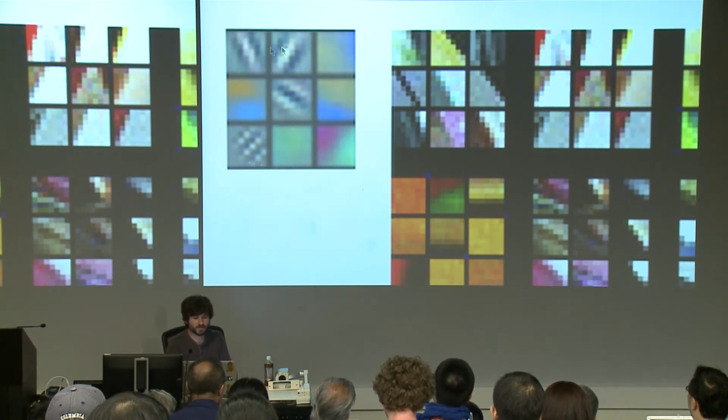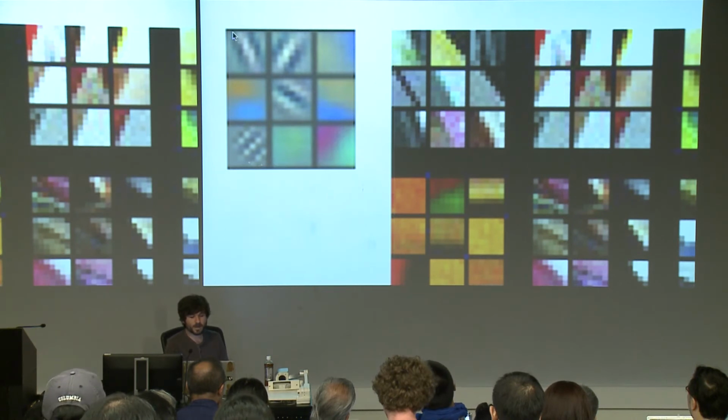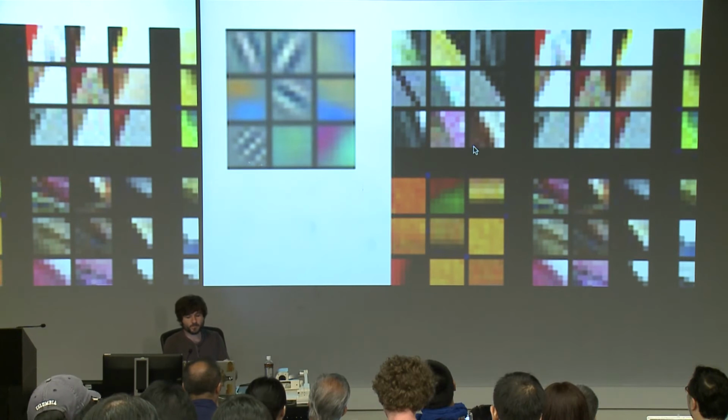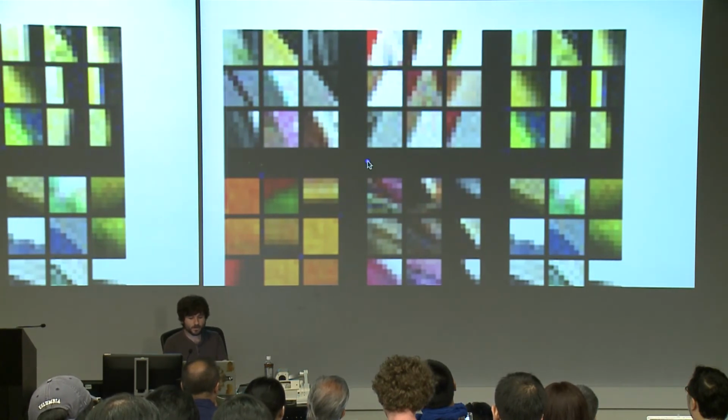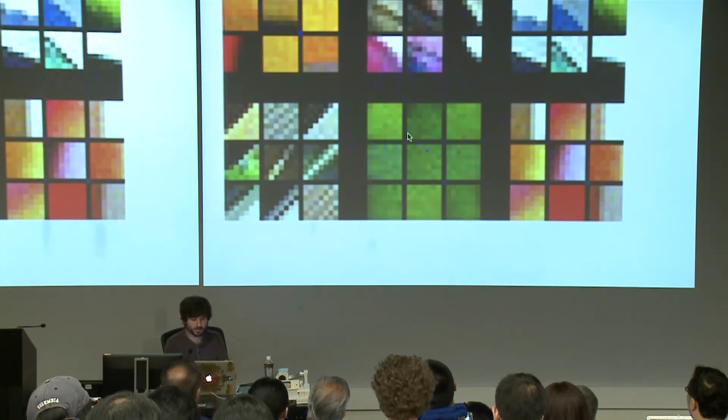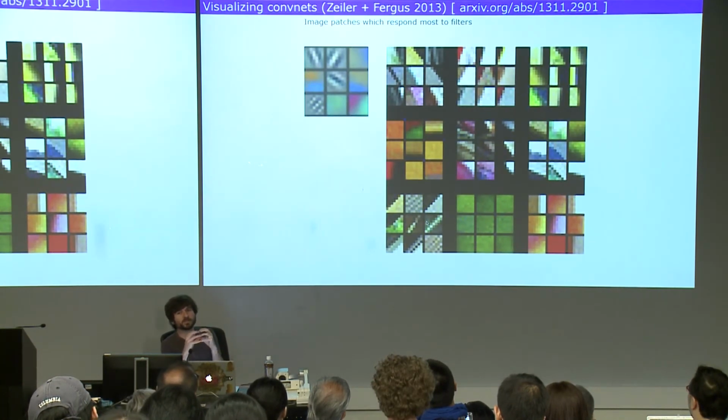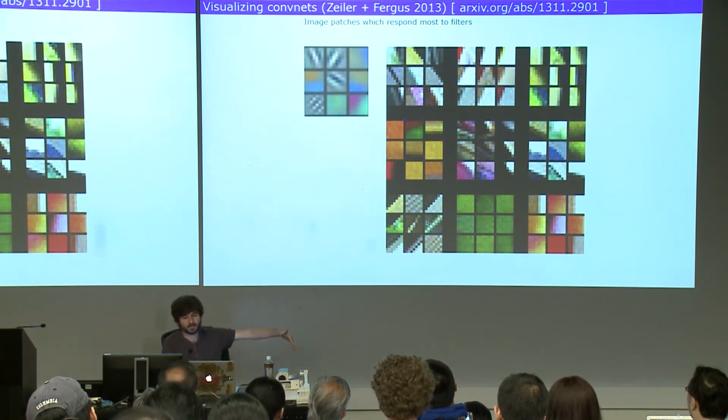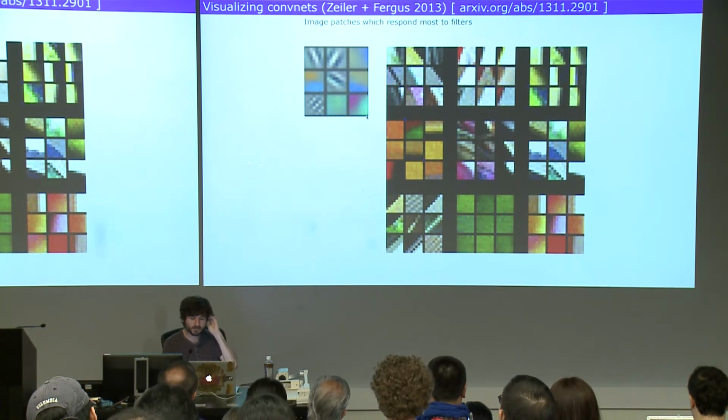So you see that in the top left cell here, it likes diagonal lines, whereas over here in the bottom middle, it likes patches of green. These are actual parts of real images which maximally activated this particular filter. And so this particular filter lights up whenever it sees a patch of pink in the top left, basically.